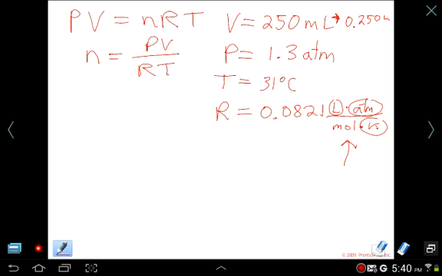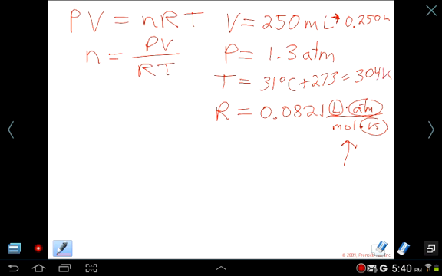We're matching there. Our temperature must be in Kelvin, as is always the case when we're doing problems using temperature. So let's go ahead and add 273. And this gives us 304 Kelvin. Now we're ready to plug and chug.